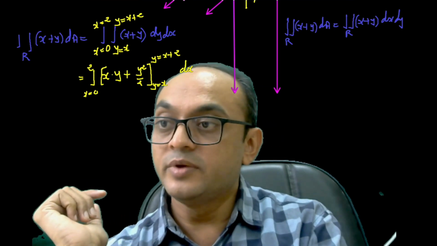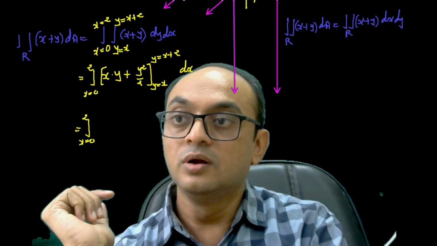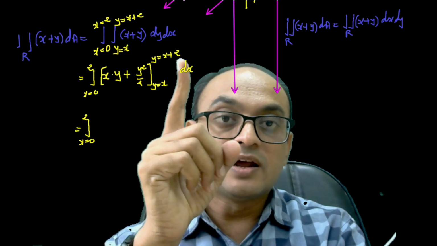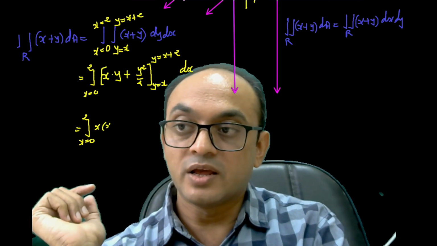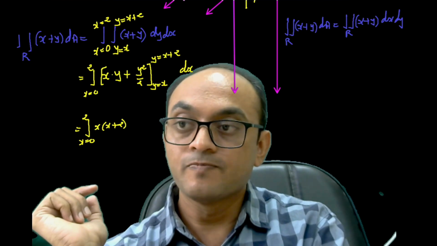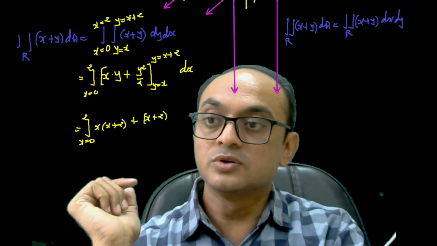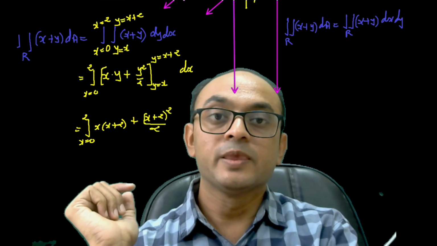Let us substitute the limit value, x is equal to 0 to 2. What we are substituting, keep in mind, in place of y we are writing x plus 2. So x as it is, in place of y we write x plus 2, plus in place of y we write x plus 2, so x plus 2 whole square divided by 2.